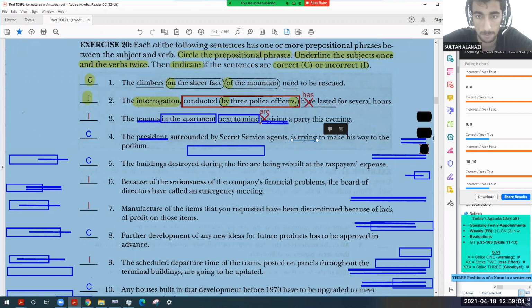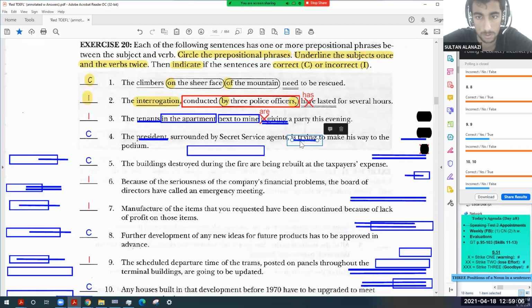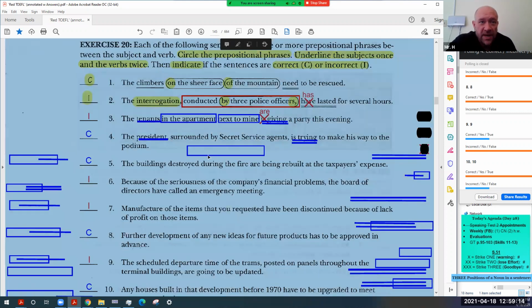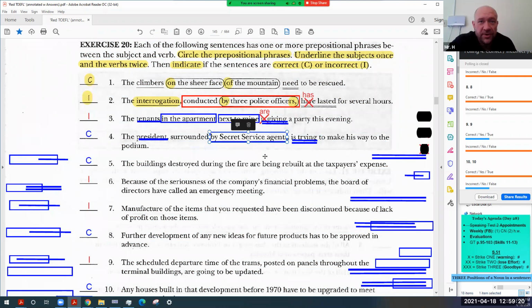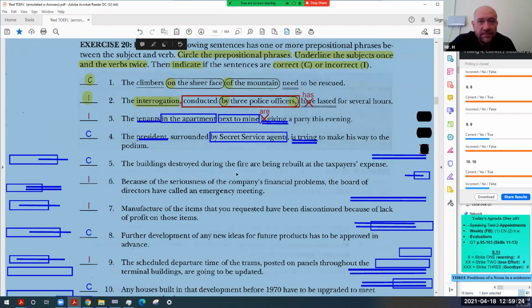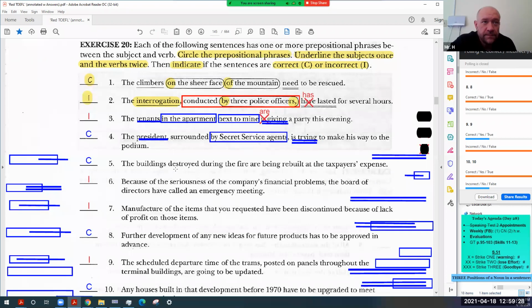All right, and then where's the prepositional phrase? Can you find a prepositional phrase? By the Secret Service agents. There's a prepositional phrase. Okay. Yep, and they match, right? Subject matches. Yeah, it's a match. Okay, good. It's fine. Abdul Majid, how about number 5?